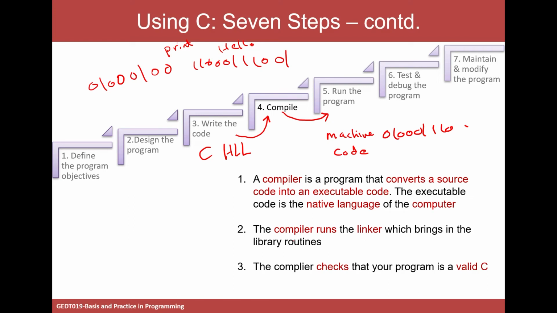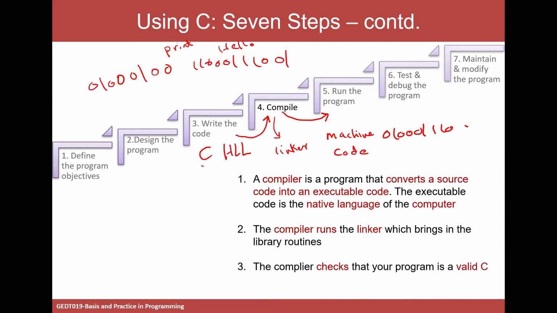Also, during the compilation step, the compiler will use another software, we call it a linker. The linker is another software to link the code you wrote in C language with other libraries or other people's code.